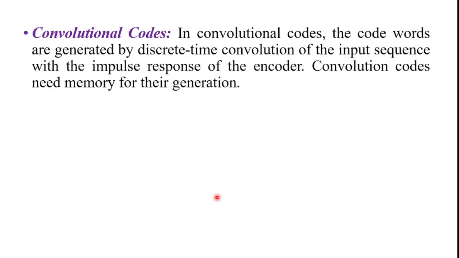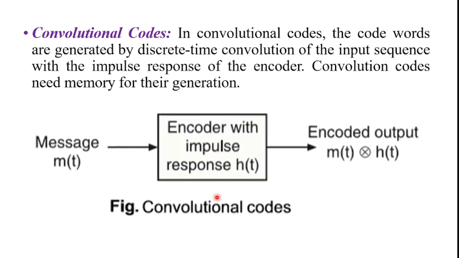Next, coming to the convolutional codes. In convolutional codes, the code words are generated by the discrete time convolution of the input sequence with the impulse response of the encoder. This is the block diagram of the convolutional encoder.